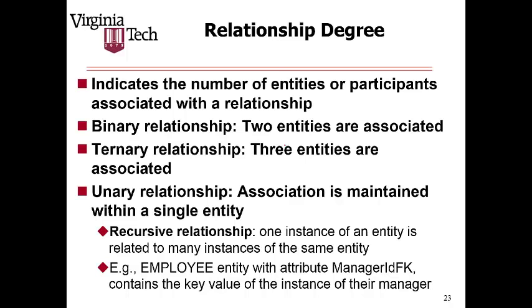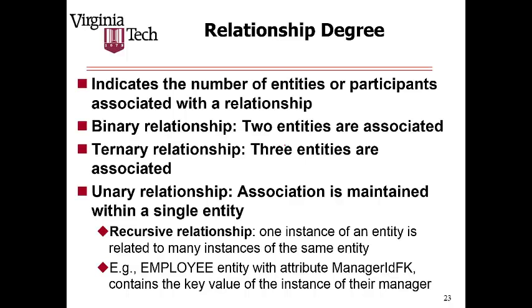For example, if we had an employee entity, and of course that entity would have a primary key of employee ID, and we added an attribute to this entity to allow us to show the relationship between an instance of the employee entity and the instance of the employee entity that manages that employee.